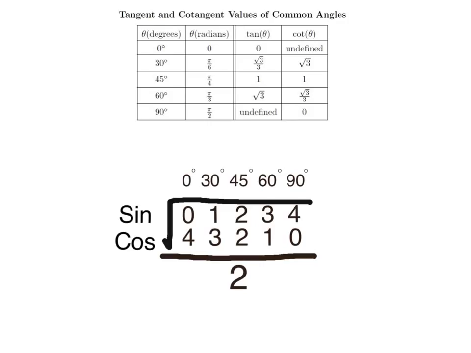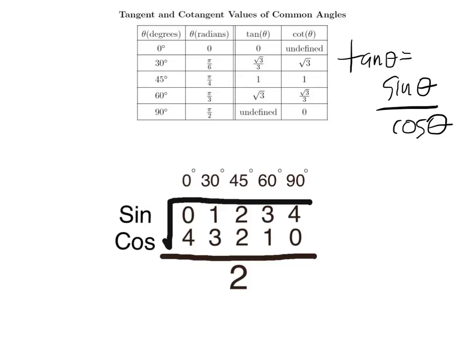This table for tangent and cotangent is also something that's very simple to use with this sine cosine memory device. So I've rewritten it here nicely. For example, for tangent of 45 degrees, you do need to know that tangent theta is sine theta over cosine theta.